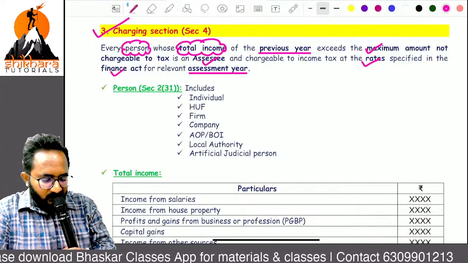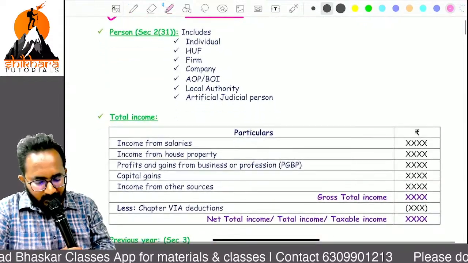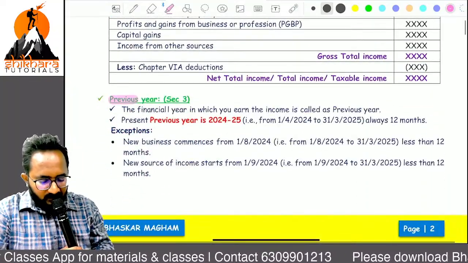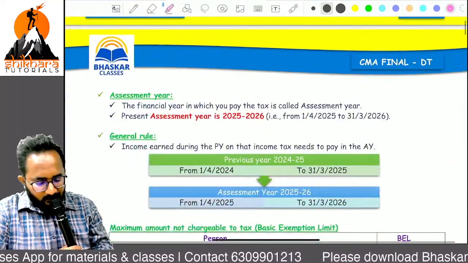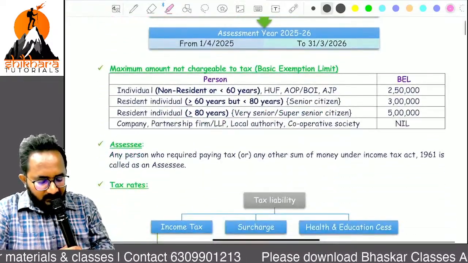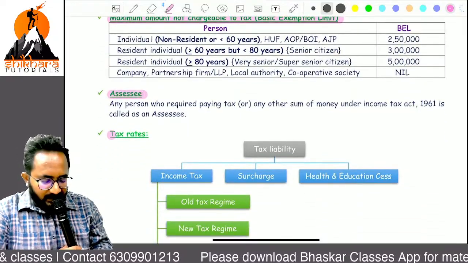And we defined the Finance Act also. So what are the definitions we referred, ma? Person definition, total income, previous year, assessment year, general rule, basic exemption limits for different assessees, surcharge, and tax rates.